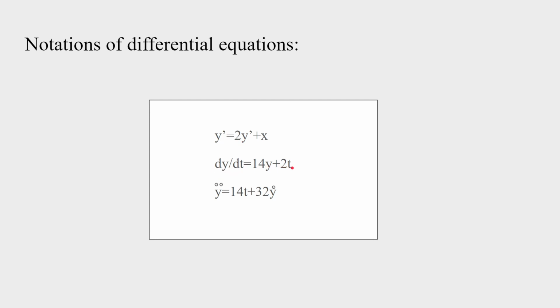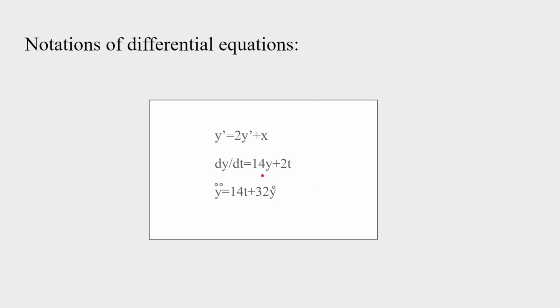It could be in terms of any variable, really, because variables are just arbitrary. Normally it's going to be y with respect to time. And of course, sometimes you get the more esoteric, which I kind of like to do, where you denote the derivative with a dot. So y double dot is equal to 14t plus 32y dot. It's pretty weird. I've only seen it once, and it's a lot of fun to do.